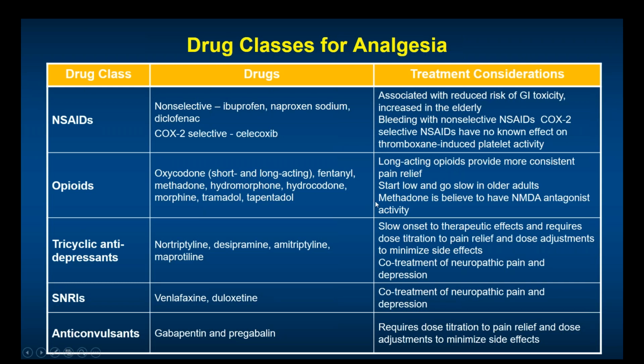There is a resurgence in interest in using methadone, both in acute pain and chronic pain, because methadone is believed to be the only opioid that has an NMDA antagonist activity effect, that it quiets down the NMDA receptors, the N-methyl D-aspartate receptors in the dorsal horn that were activated by those excitatory amino acids that contributed to central sensitization.